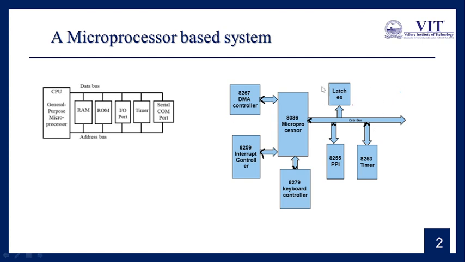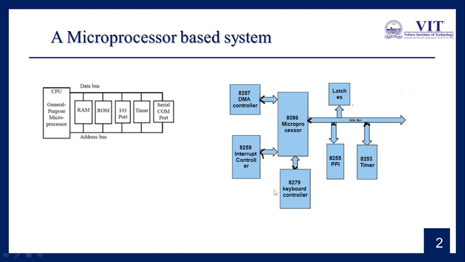When I take this blue diagram, it shows just an example of the interfacing ICs which could be connected with an 8086 based microprocessor system. All these ICs shown here are compatible with 8086 because they are all from the Intel family. 8086 is the microprocessor from the Intel family, and surrounding it are supporting interfacing ICs meant for particular applications.